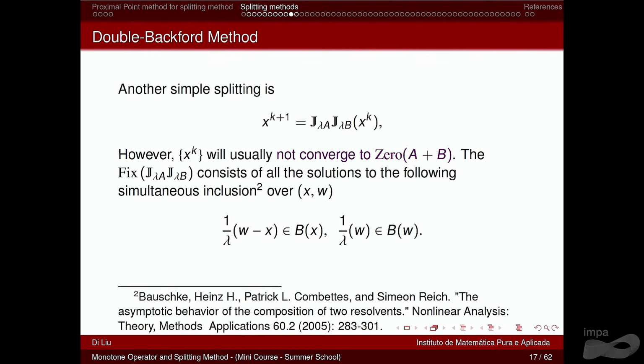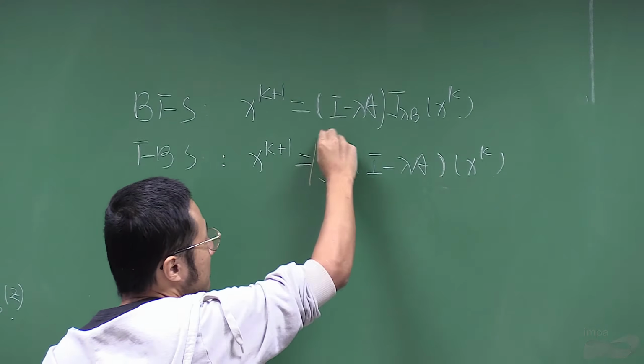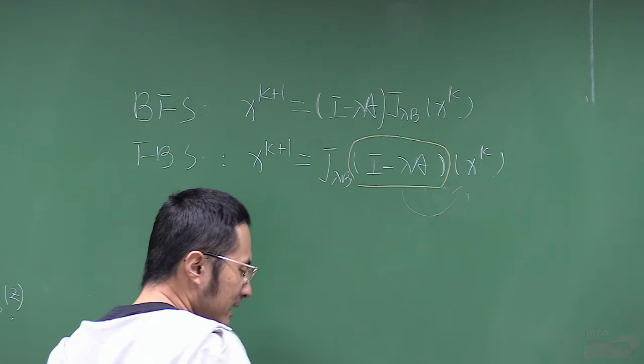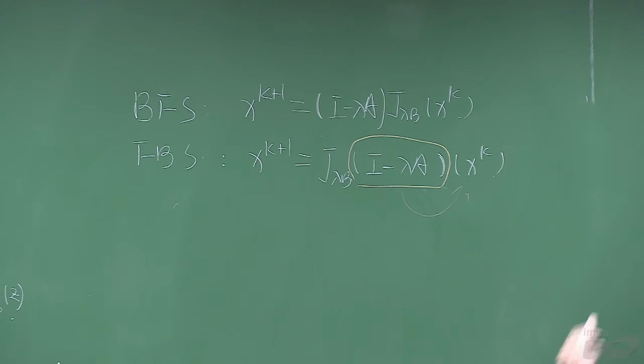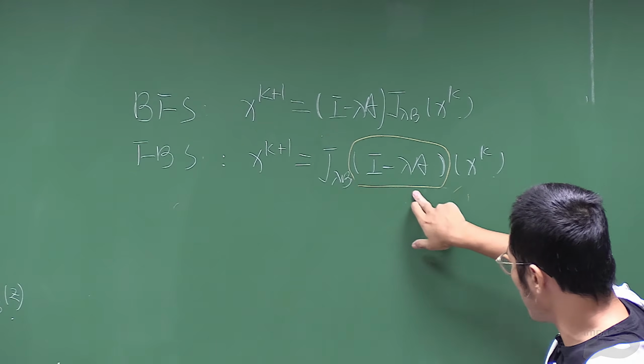The next question is, if we use the resolvent not only for B but also for A. The good point is, if we use the resolvent of A, we do not need to assume A is single valued, right? For this operator, if you want to make the algorithm clear, or determine it very easily, usually you need to assume it is single valued.